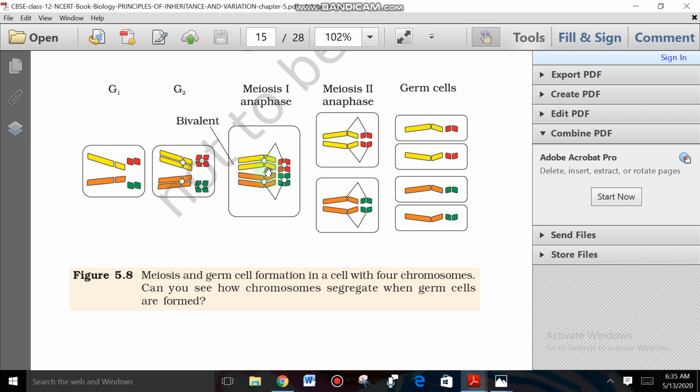Chromosomes occur in pairs, and they are going to separate, and in anaphase they are pushed from the equatorial plate towards the poles. And in meiosis 2, actually this is like mitosis, and in meiosis 2 anaphase, obviously there is formation of 4 different types of gametes, and each chromosome reaches each gamete. Up to this clear? Right.